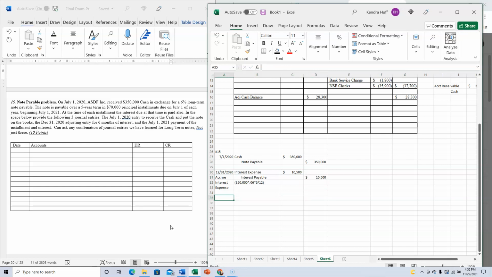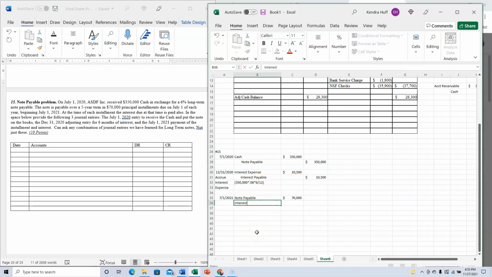And then a year goes by, and it's now July 1st again of 2021. We have to make our first payment. So we're going to debit note payable for the $70,000 principal payment. Right, that's what it was? Yes. The $70,000 principal payment. We're now paying this $10,500 that we accrued of interest.